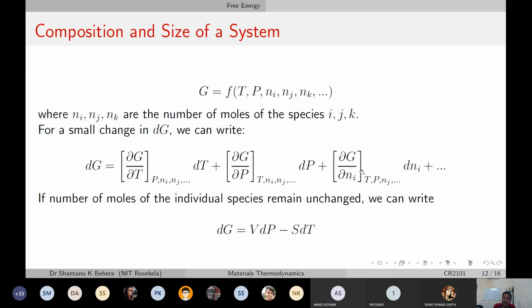All of these things put together. And when you don't change the individual species, what you're left with is the closed system, which is dG is VdP minus SdT.